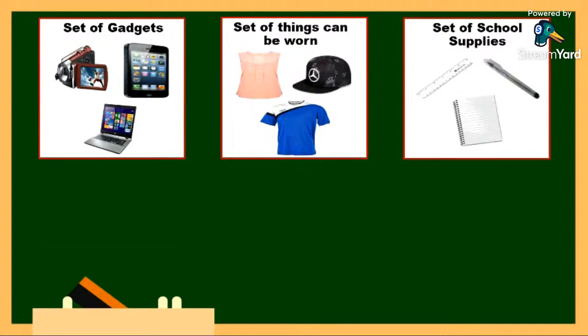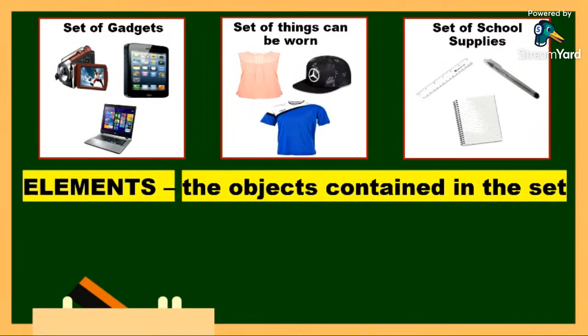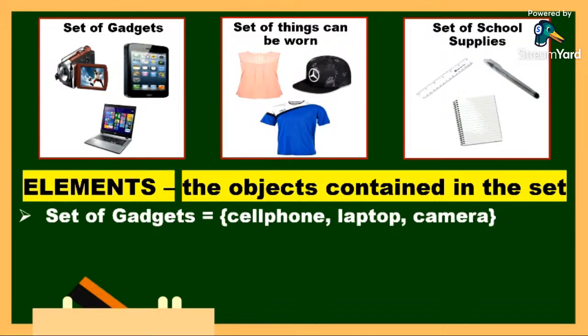Ang elements naman ay yung mga objects na kabilang sa isang set. Katulad dito sa set of gadgets. Ang set of gadgets ay merong mga elements na cellphone, laptop, at camera. Ibig sabihin yan, ang cellphone, laptop, at camera, siya yung mga bagay na kabilang sa set of gadgets.